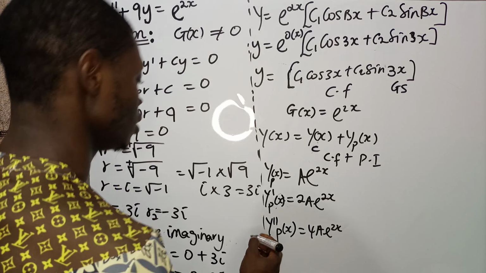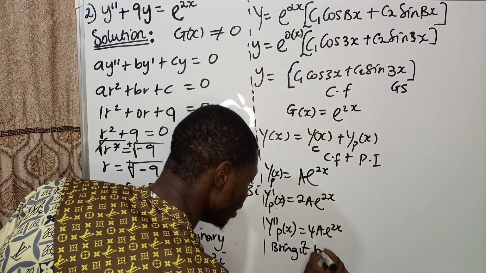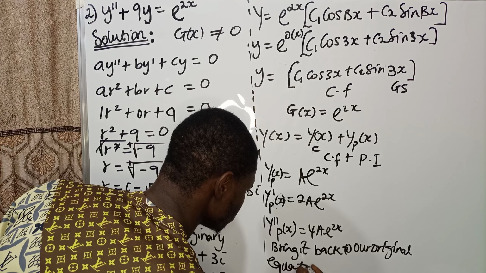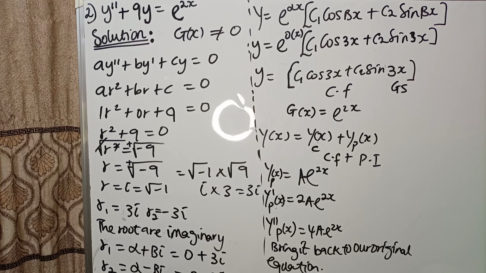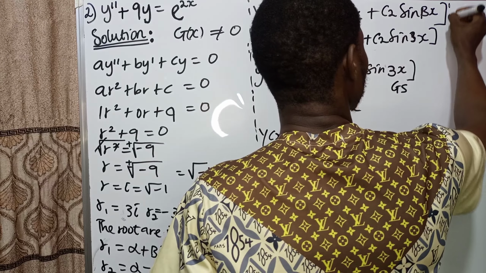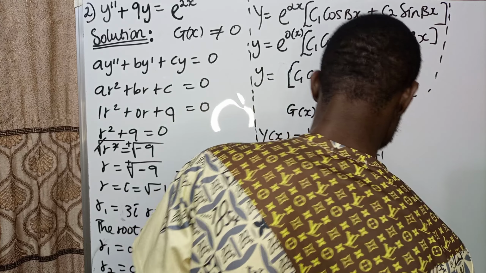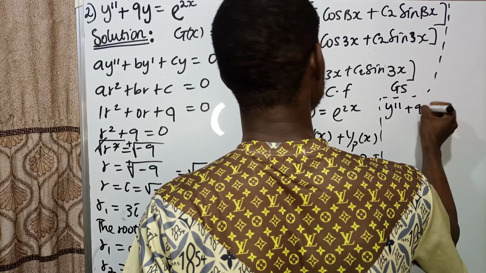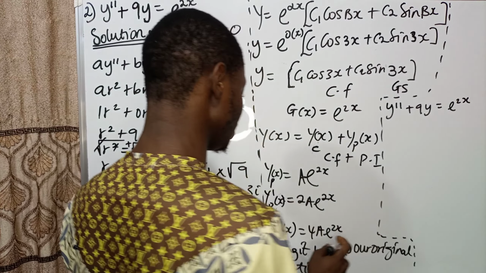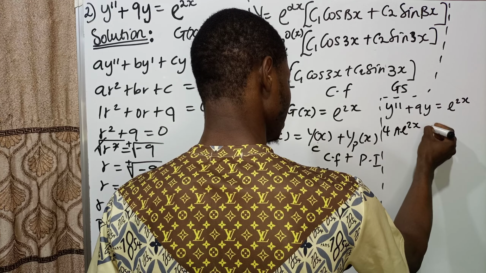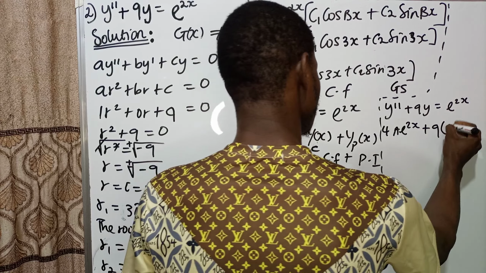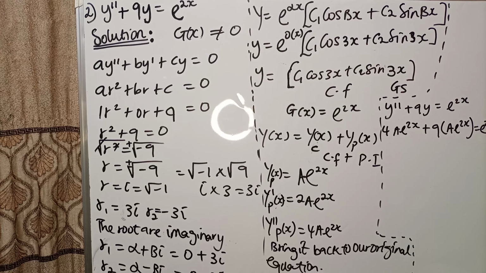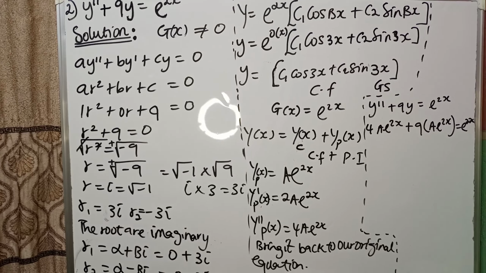Now bring it back to our original equation. Remember, the original equation is y'' + 9y = e^(2x). So the second derivative, 4a e^(2x), plus 9 times y, which is a e^(2x), is equal to e^(2x).